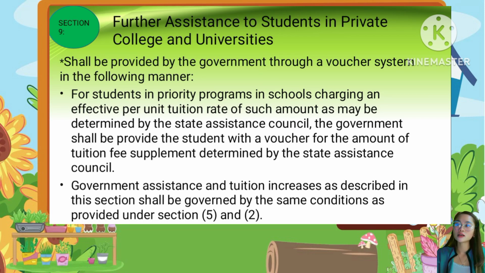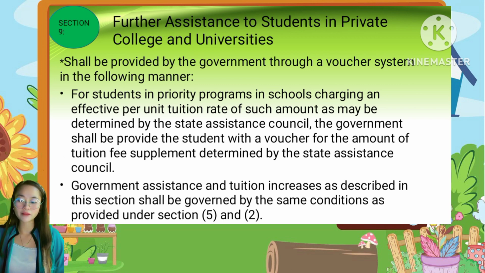Next, we have Section 9, further assistance to students in private colleges and universities. Tuition fee supplement for students of private post-secondary institutions enrolled in priority course programs determined by the TESDA and the CHED shall be provided by the government through a voucher system in the following manner.